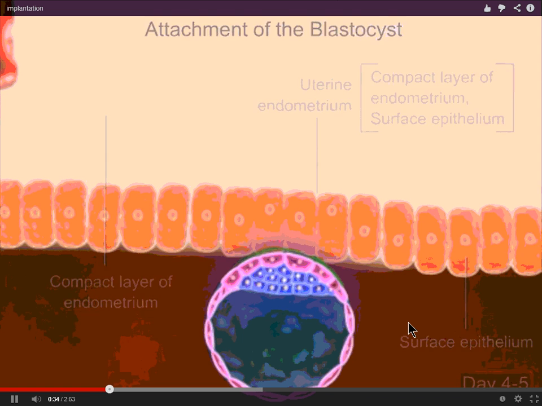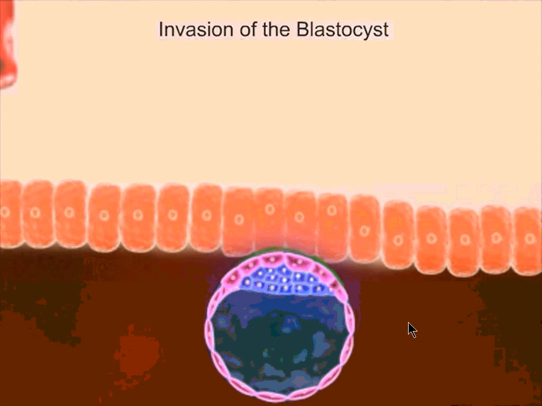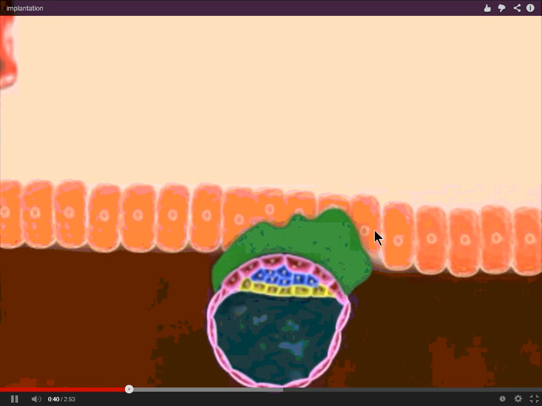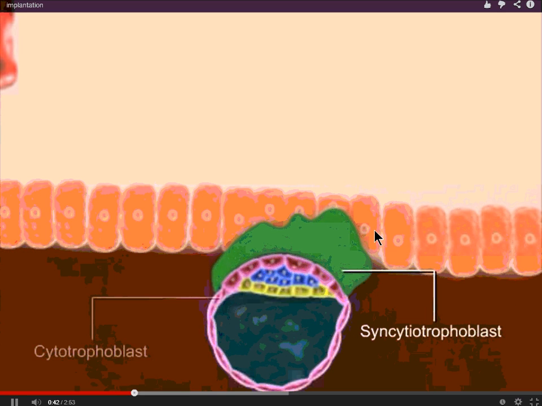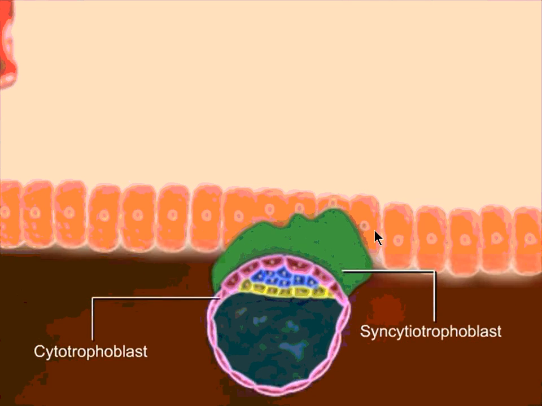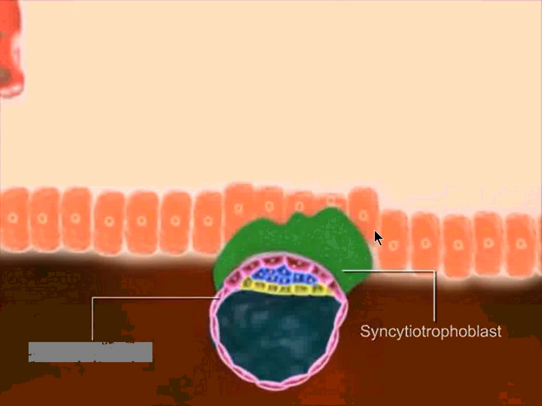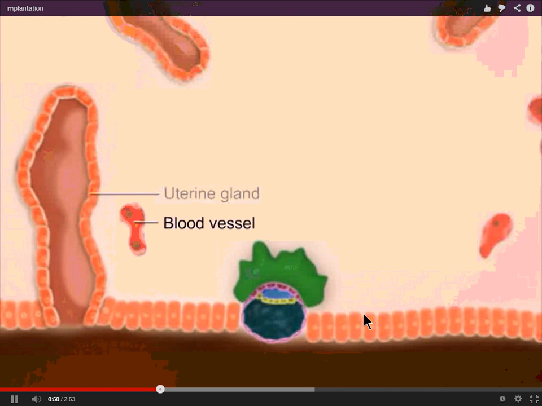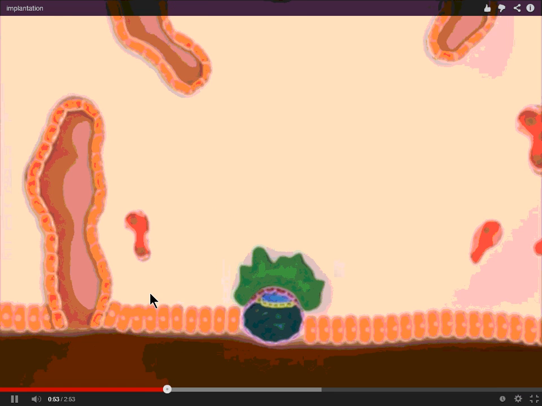So it's passing through. Like I said, it's very erosive, so it eats into the endometrium. Meanwhile, notice the inner cell mass is slowly also forming two layers. These are uterine glands and blood vessels.